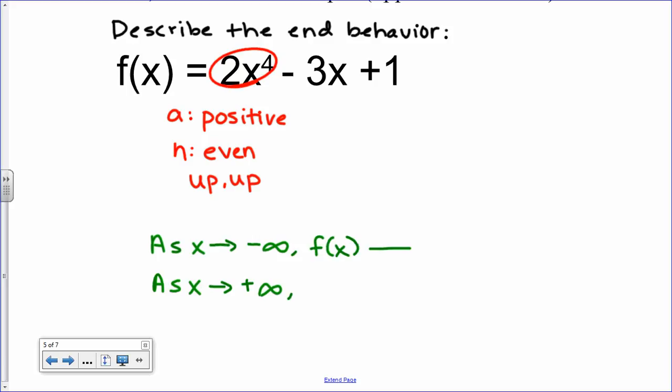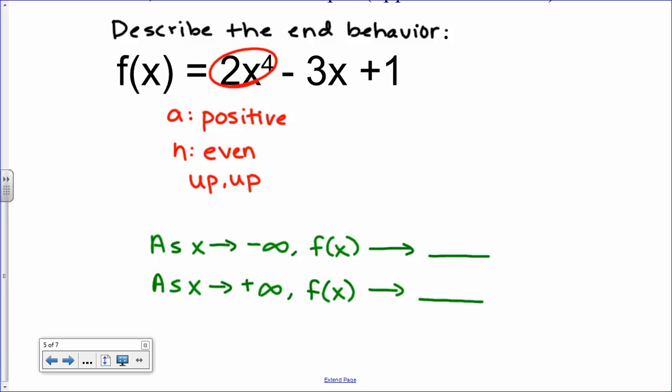And then we talk about y, so f of x. These arrows mean goes to. Every time you write this, it always starts out like this. And then you fill in the blanks with your end behavior. So with the up, up, down, down, instead of up, up, we'll use infinity. But they always start off like this.